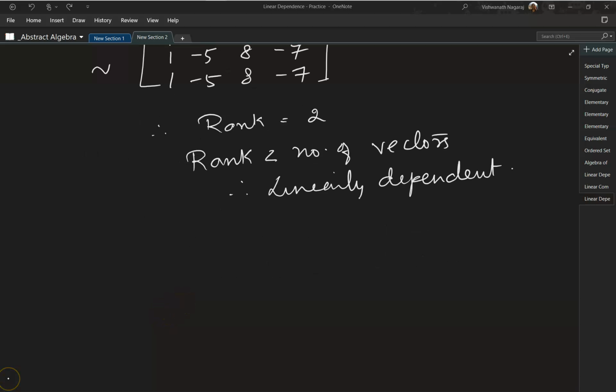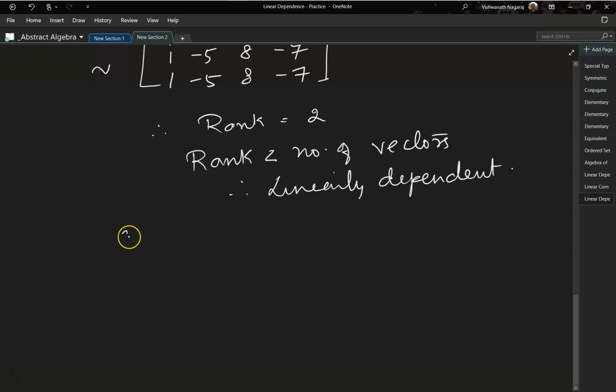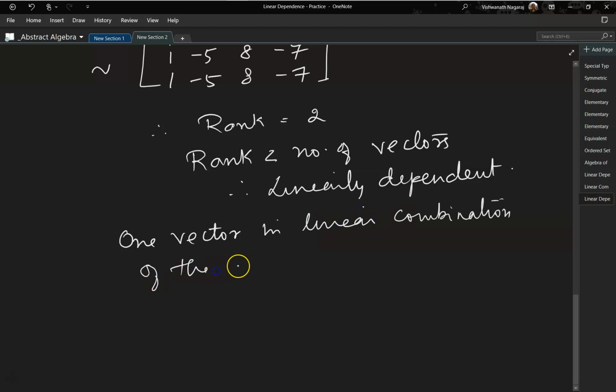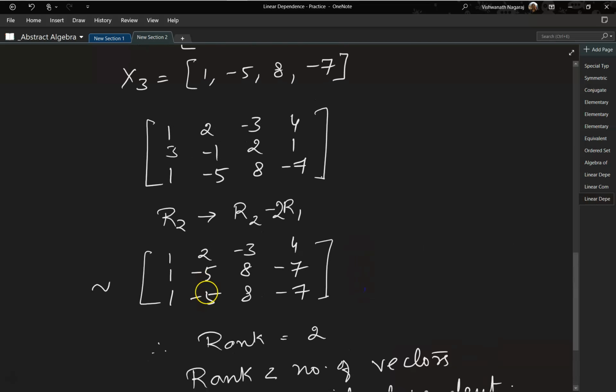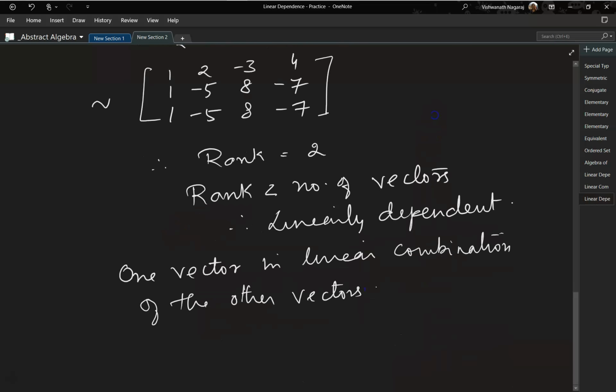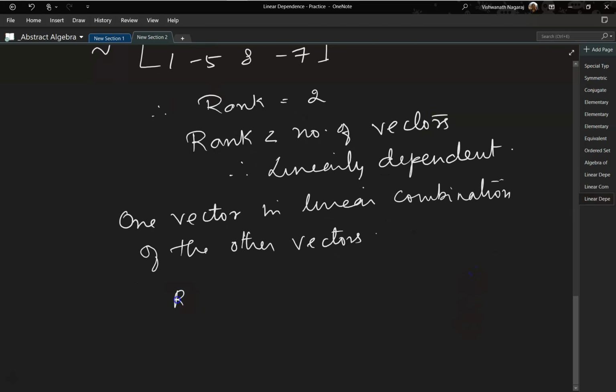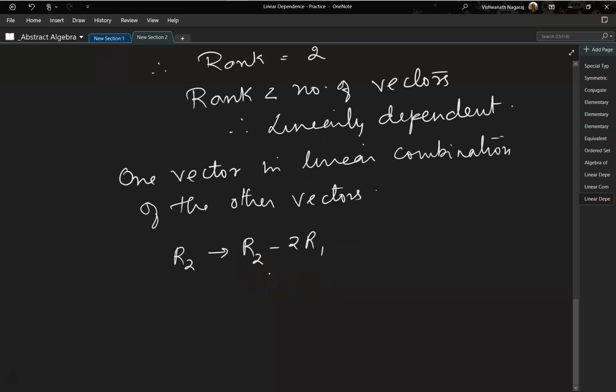Now what we need to do is write it in the form of a linear combination. So write one vector as a linear combination of the other vectors. How do we do that? Remember, to arrive at this, we did R2 minus 2R1. By doing this, we made sure that the second row and the third row become equal.